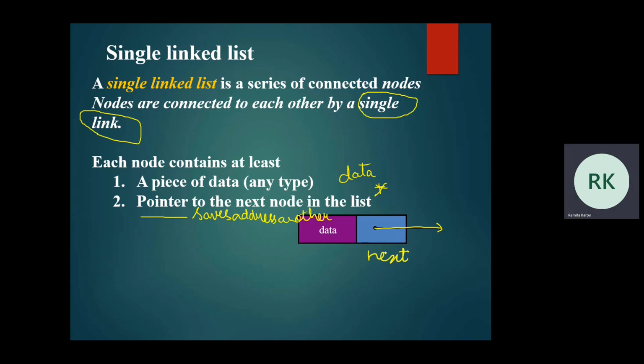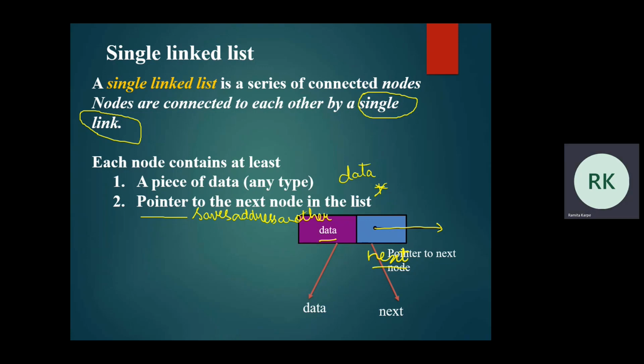When you are writing codes, you can give any name to that variable, but in my codes, I will be using data and next. Next will be a pointer that is going to save the address of the next node.